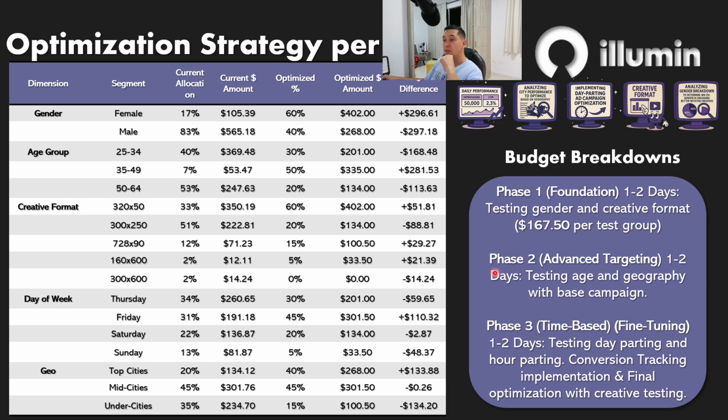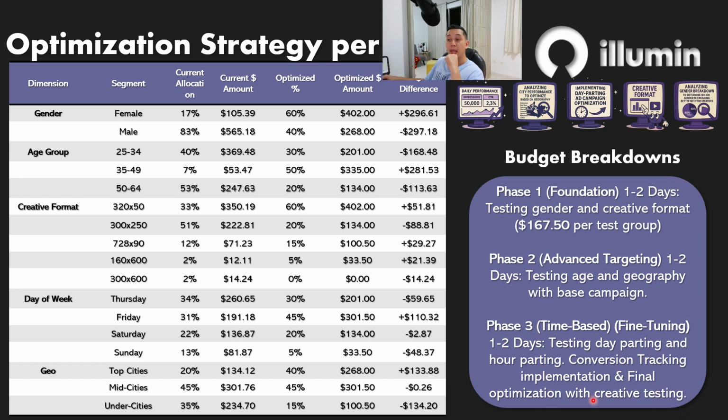On phase 2, we plan on, as I just explained, testing age and geographic with the base campaign. Testing it against the base campaign to be able to measure the difference or the results. And then on phase 3, kind of like a similar story, where we're testing the day parting and the hour parting, and where we plan to implement the conversion tracking to be able to track ROI even better.